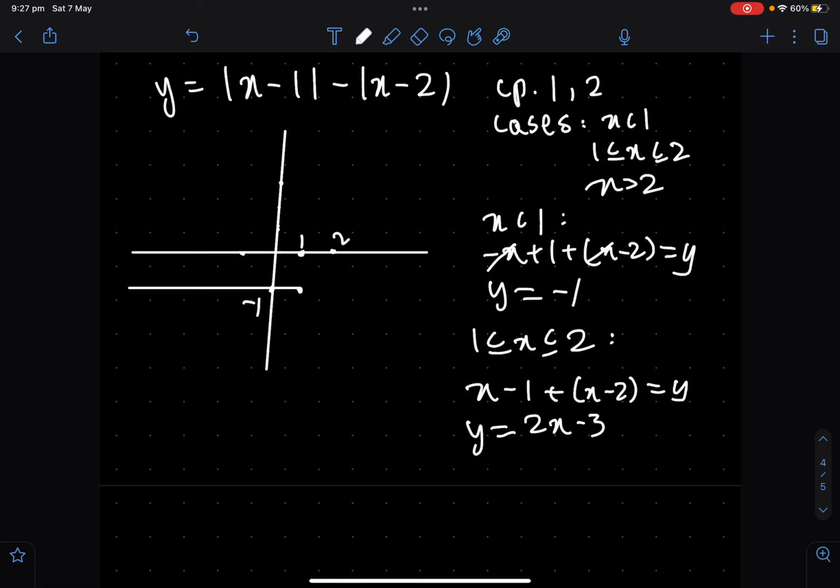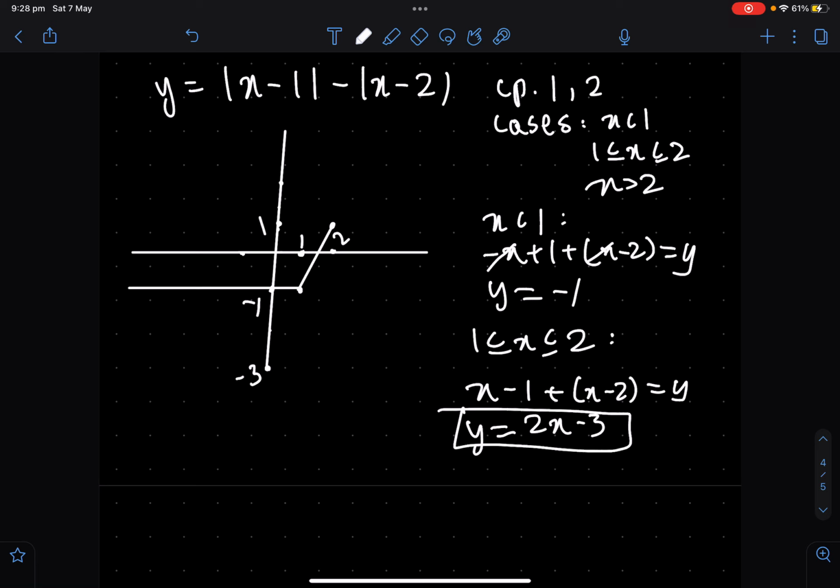This is where the function changes, where this is minus 1, minus 2, minus 3, and this is where our graph changes, where our new function will end at x is equal to 2. Plugging in x is equal to 2, we would get y is equal to 2x minus 3, and plugging in 2, we would get 4 minus 3, which is 1.